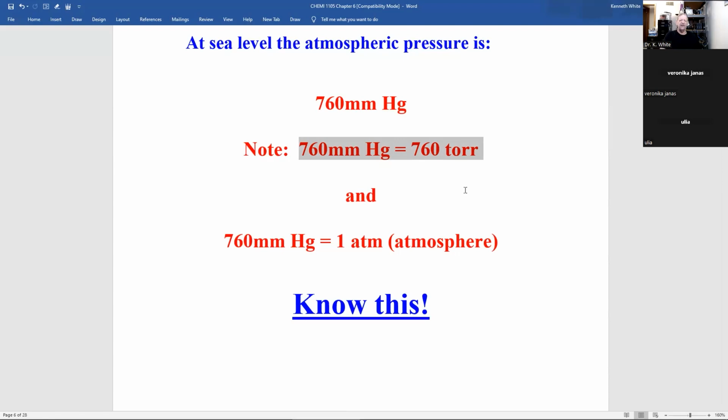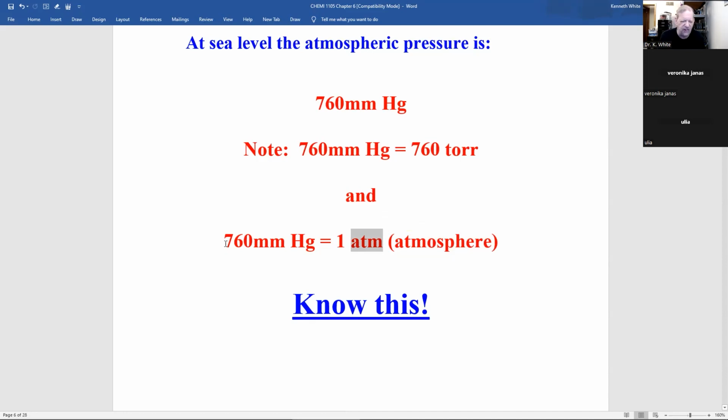Now, it turns out there's another very important unit we measure pressure in, and that's called the atmosphere. And the atmosphere unit of pressure is noted by ATM.